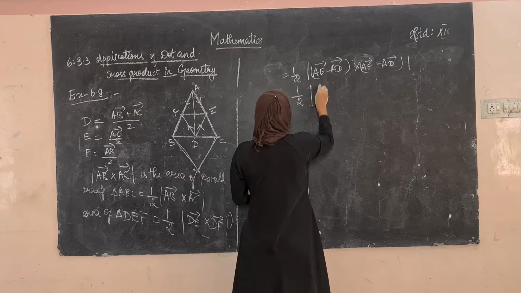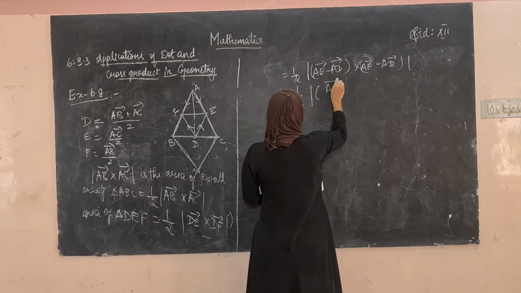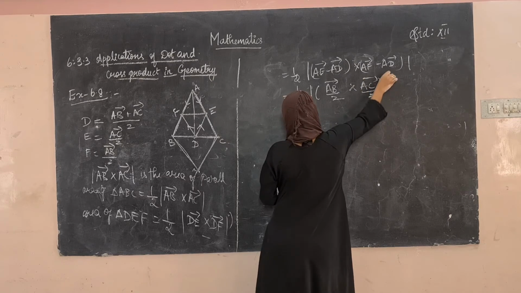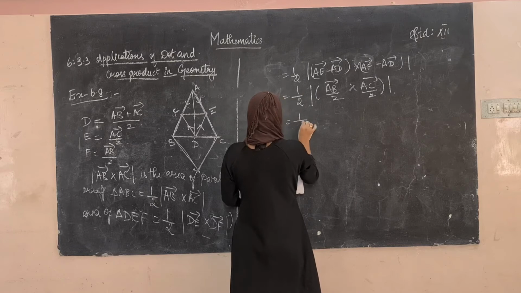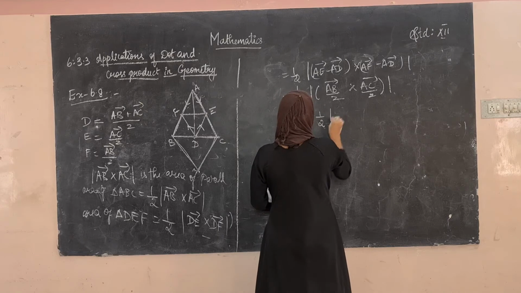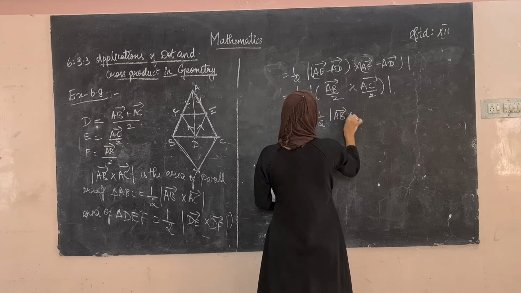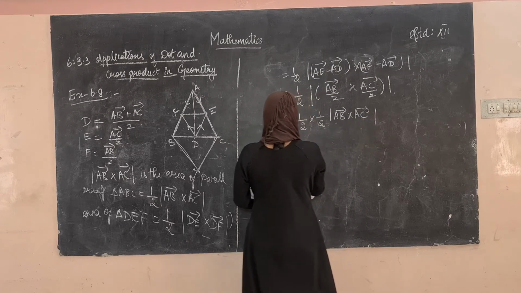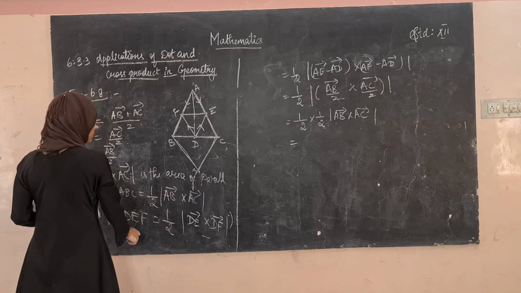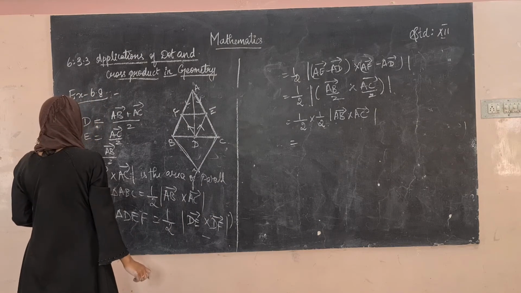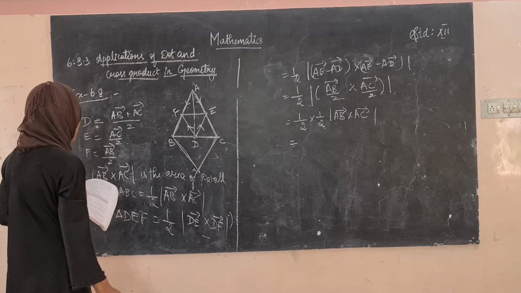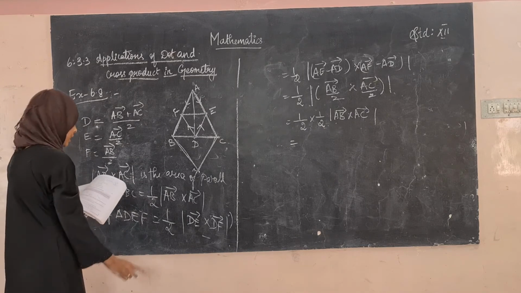So this is modulus of AB vector divided by 2 cross AC vector divided by 2, which is equal to 1 by 2 into, taking 1 by 4 outside, 1 by 2 into modulus of AB vector cross AC vector. What is the area of the triangle ABC? It is 1 by 2 of AB cross AC.